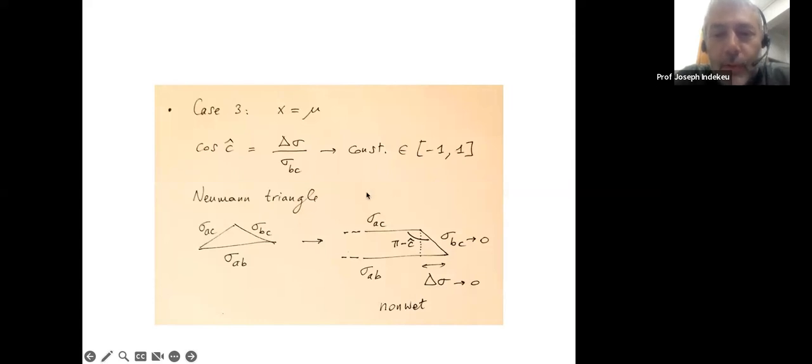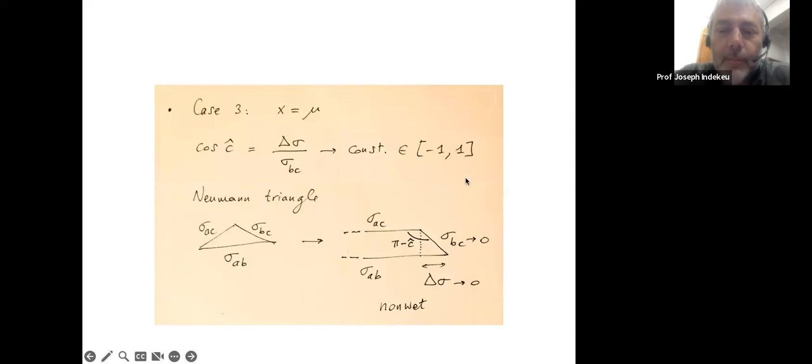And certainly the Neumann triangle construction works under those circumstances. The contact angle will then approach a certain value, which can be arbitrary between 0 and pi, and thus by no means necessarily must go to 90 degrees.